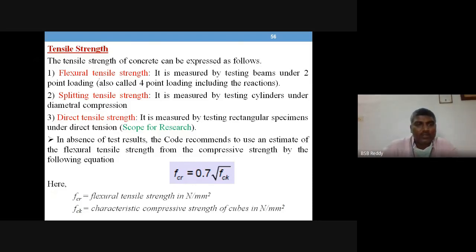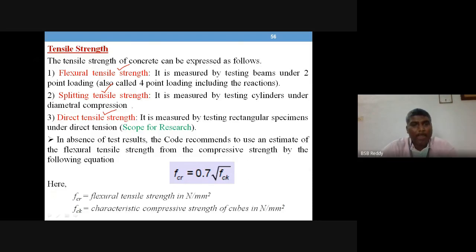It has many ways of finding it, whereas compressive strength is only by the cube compressive strength. Now, flexural tensile strength you can calculate, or splitting tensile strength you can calculate, or direct tensile strength also. The tensile strength can be referred.